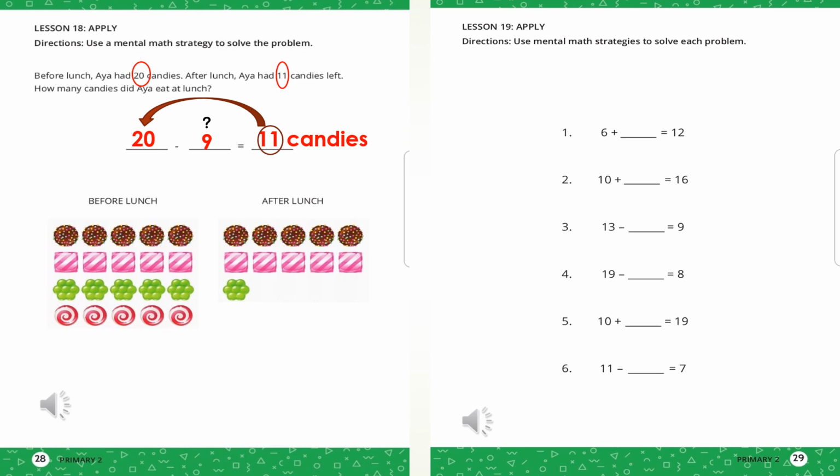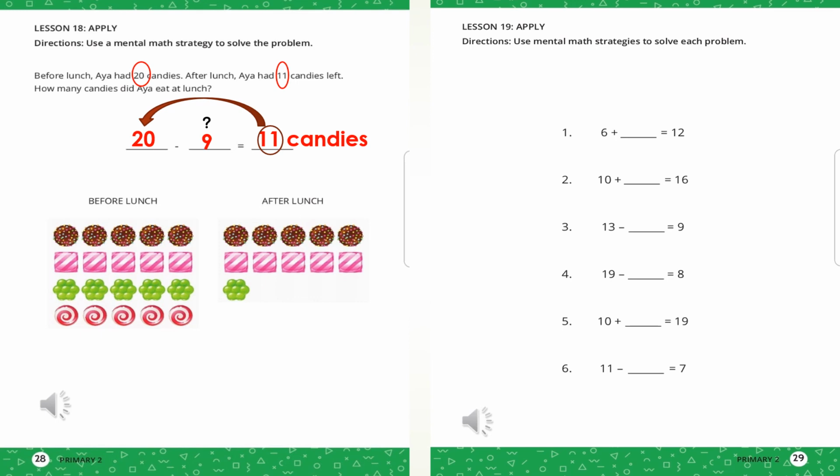After 6: 7, 8, 9, 10, 11, and 12. We have 6 fingers. We can write it, or we can solve this by which mental strategy also? They are doubles. Yes, they are doubles. 6 plus 6 equal 12.